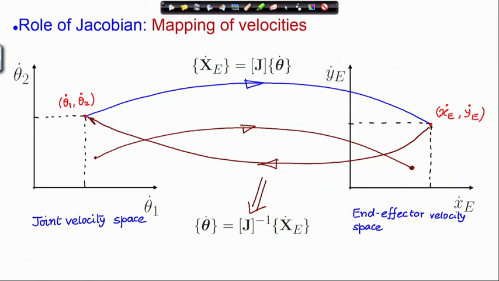Now, remember, these relations are configuration dependent. For example, this relation might be valid for a particular configuration. Remember that the configuration of a 2R manipulator is specified by theta 1, theta 2.